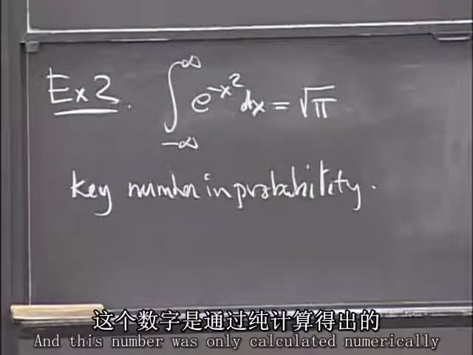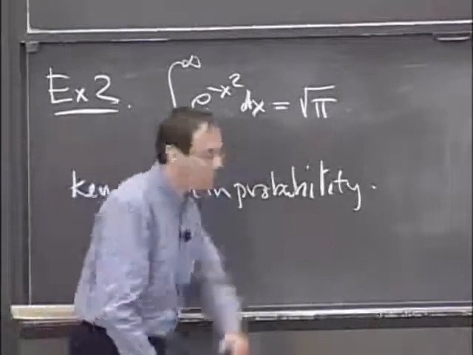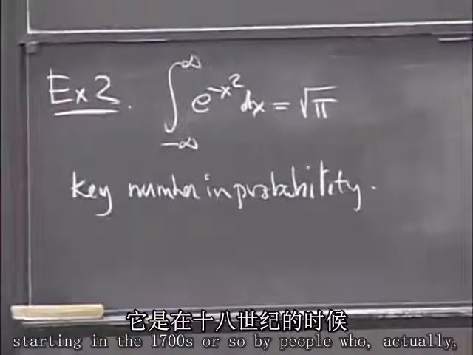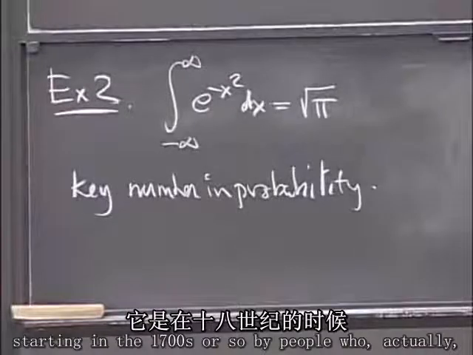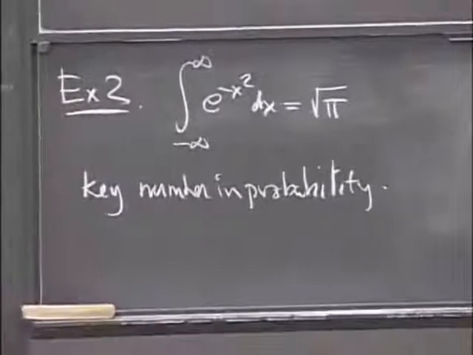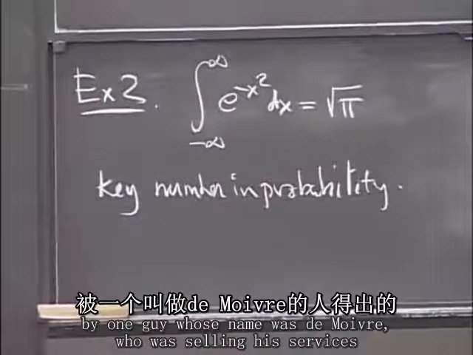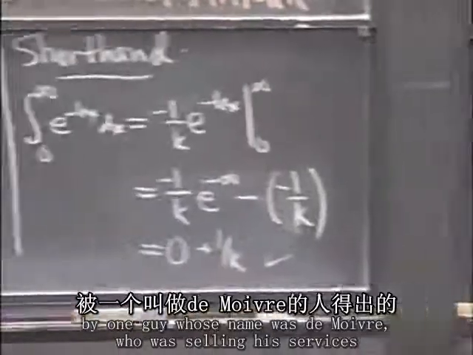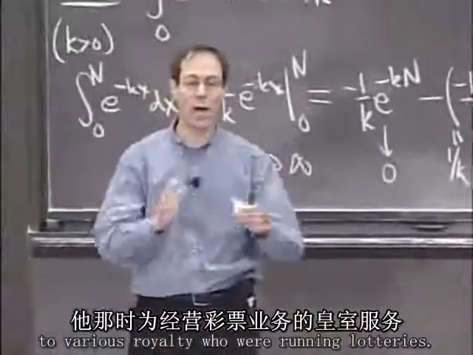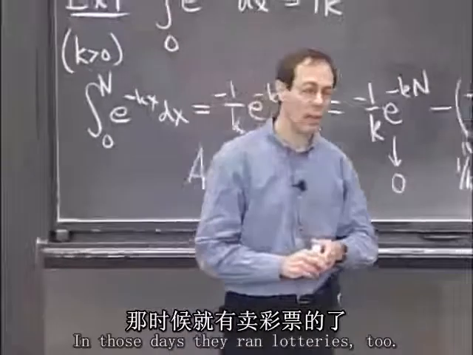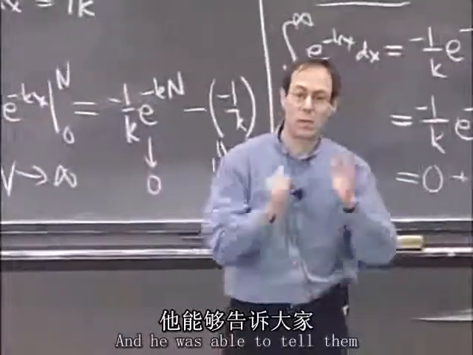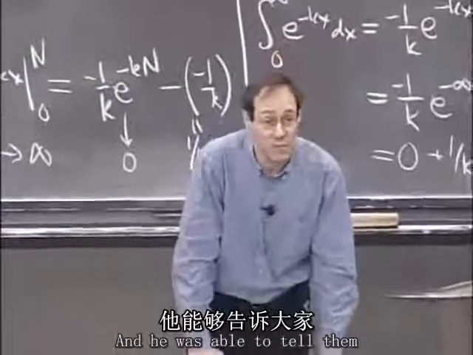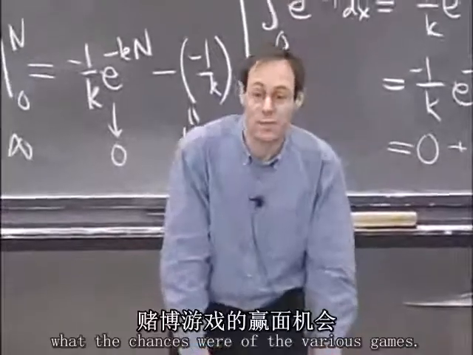And this number was only calculated numerically, starting in the 1700s or so, by one guy whose name was de Moivre, who was selling his services to various royalty who were running lotteries. In those days, they ran lotteries too. And so he was able to tell them what the chances were of the various games.